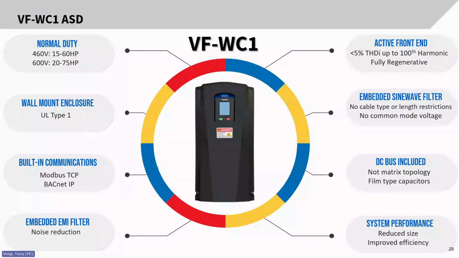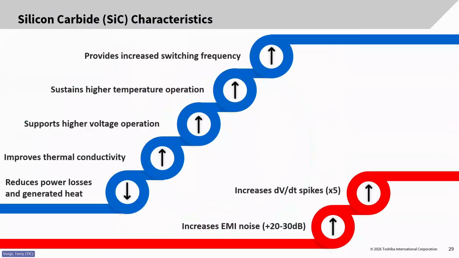The most unique characteristic of the WC1 is that it uses silicon carbide technology. So this isn't just a regular IGBT or a MOSFET or a switch. It uses a silicon carbide transistor, basically. The importance of silicon carbide is a lot of the things that you see on the screen.